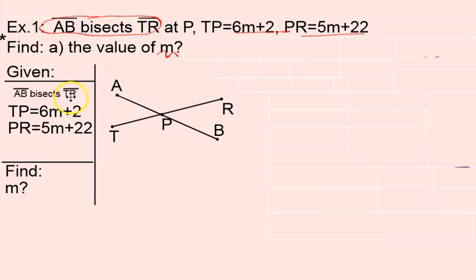TR will be the segment with your hash marks because P, the point of intersection, now becomes a midpoint of segment TR. But please be aware that it still is just a point between A and B for segment AB.